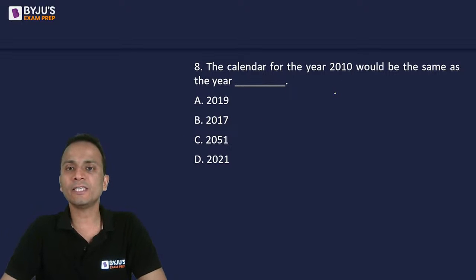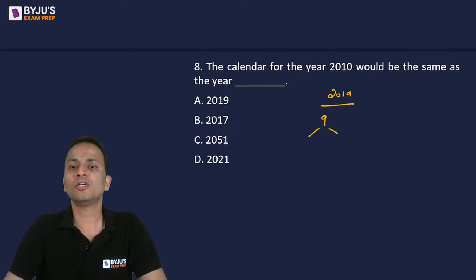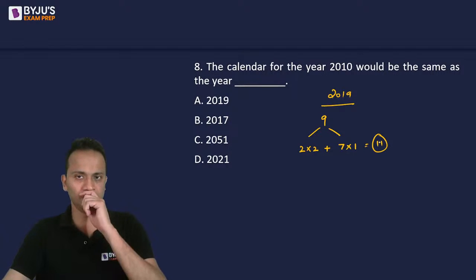So 2010 से 2019, number of years added is 9, out of which 2 are leap years and 7 are normal years. So for leap year, I'll multiply by 2. For a normal year, I'll multiply by 1 and will add. And this sum comes out to be 11.